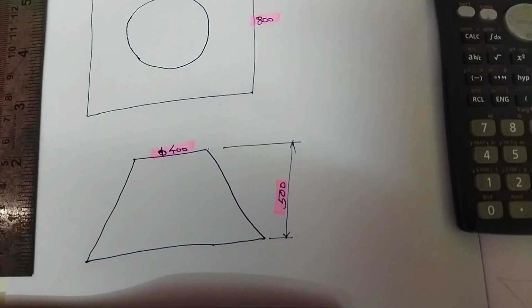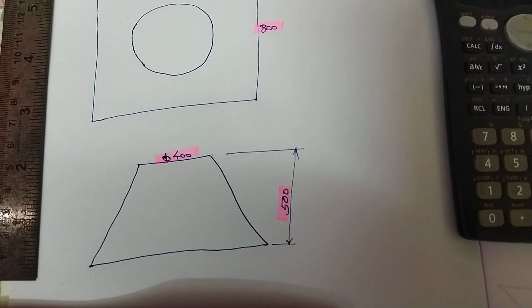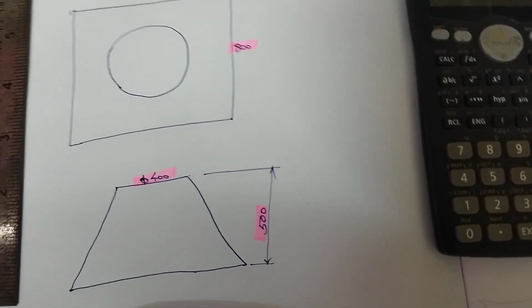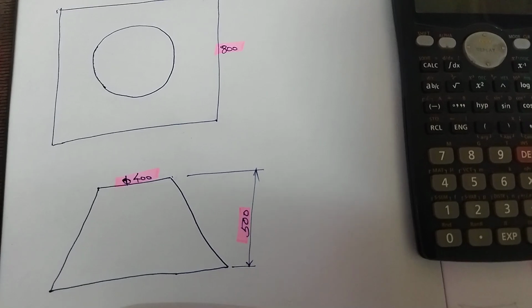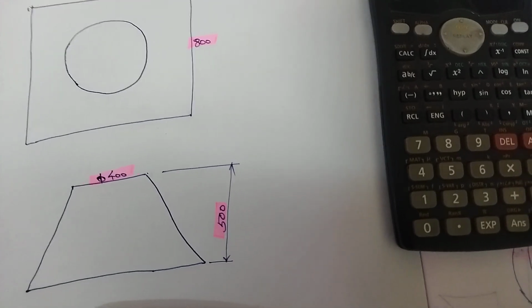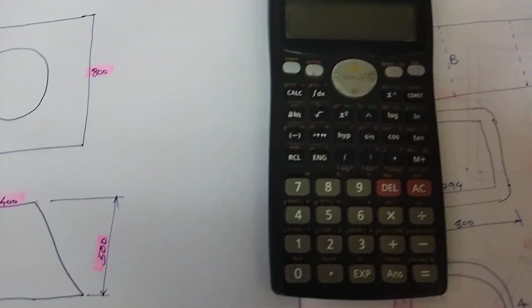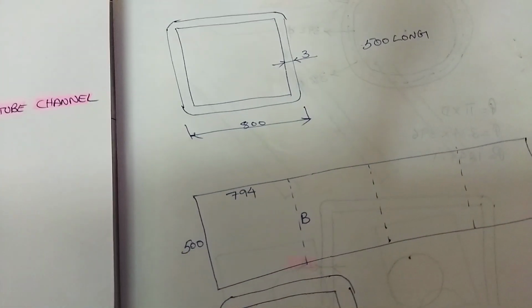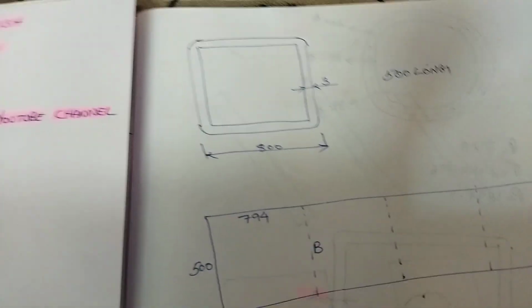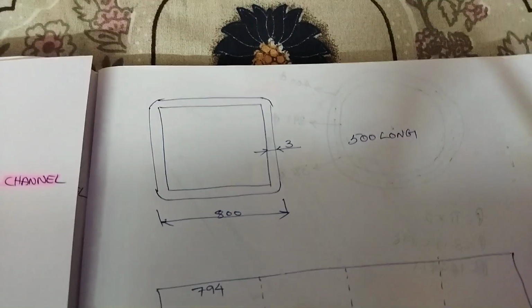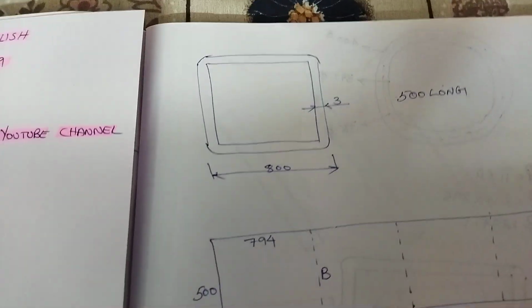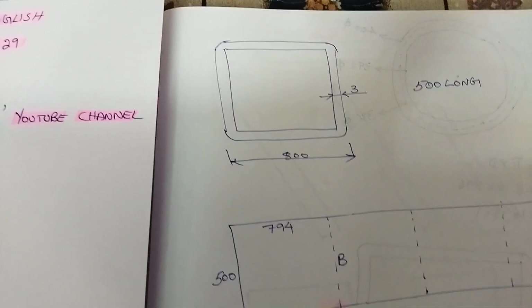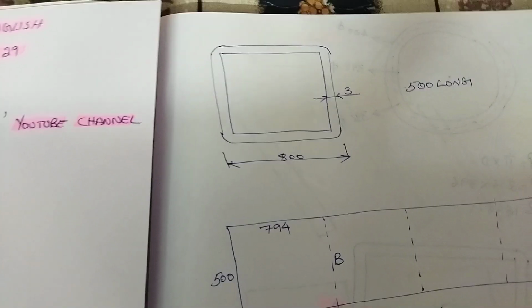First of all, we are studying without considering thickness, because if we consider thickness, it is more congested. If you are a new student in the fabrication field, it may cause congestion in your fabrication life. So today I am teaching without thickness.